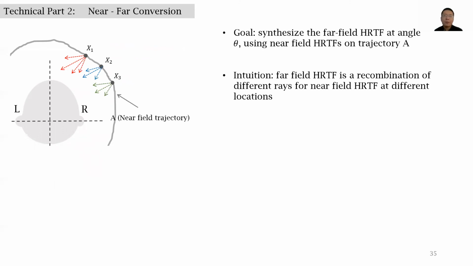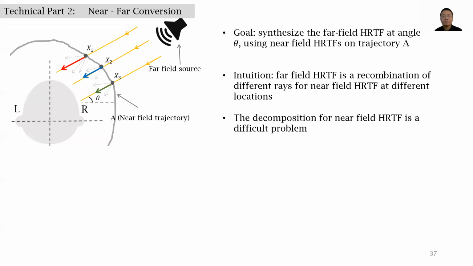So I have plotted three points, x1, x2, and x3 here. If we want to synthesize the far-field HRTF, we essentially want to pull out these parallel rays from these points, and then we combine these parallel rays together. This is essentially the far-field HRTF at angle theta.